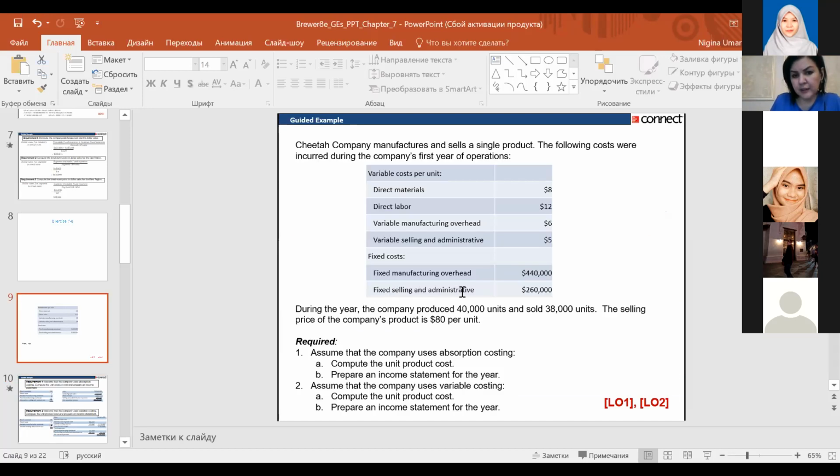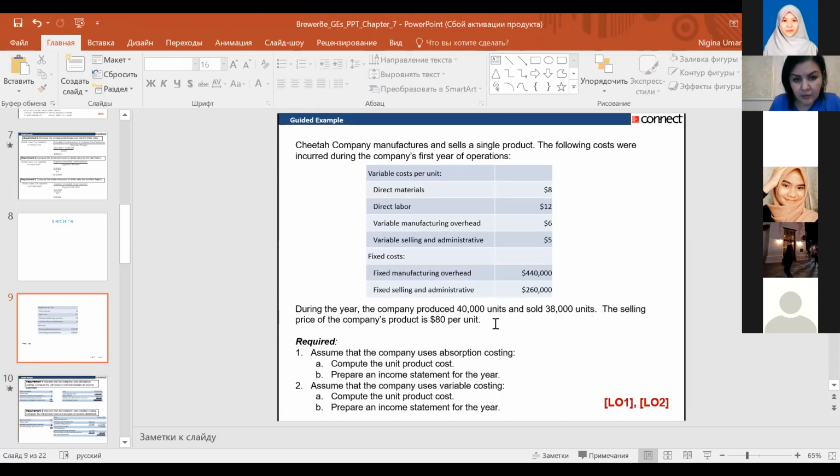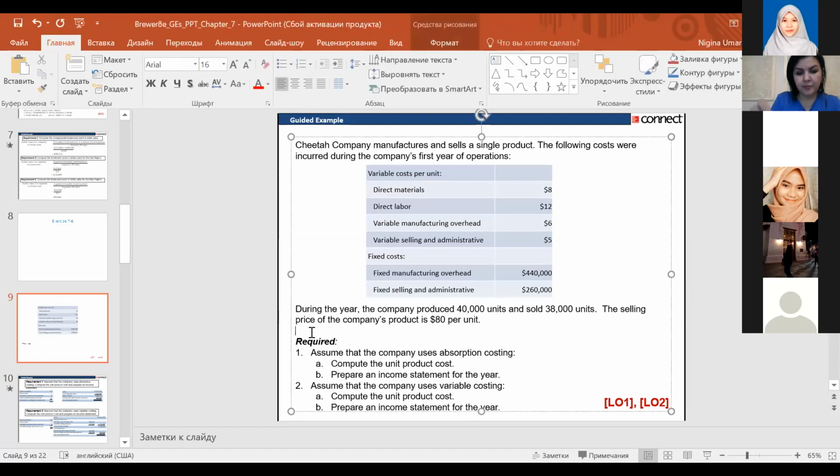Because fixed selling and administrative is 260, but we must make it 450. Total selling and administrative. Look at this.